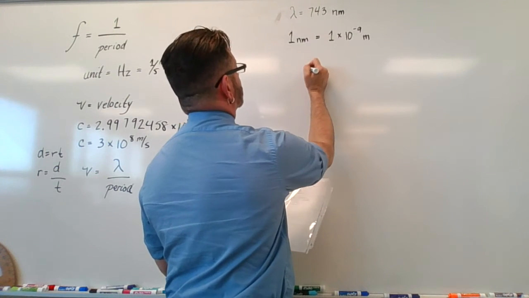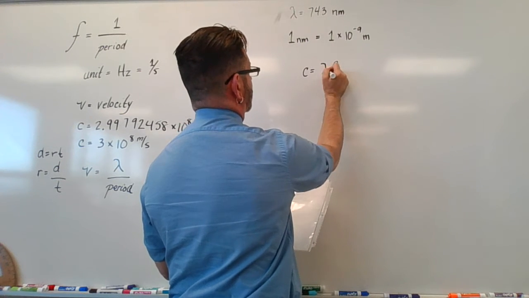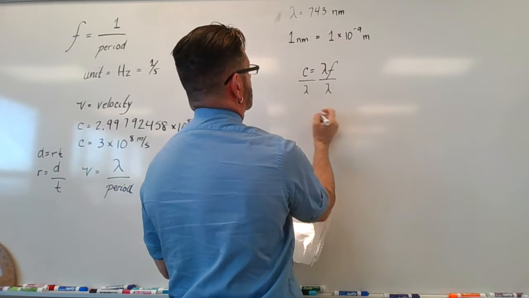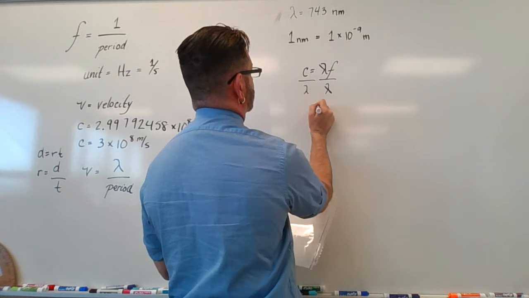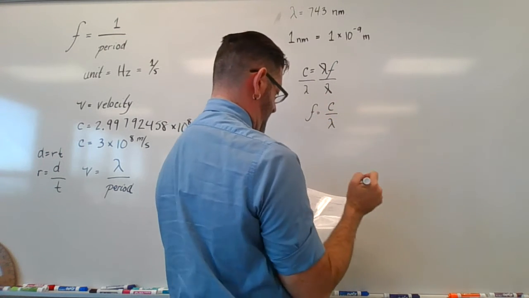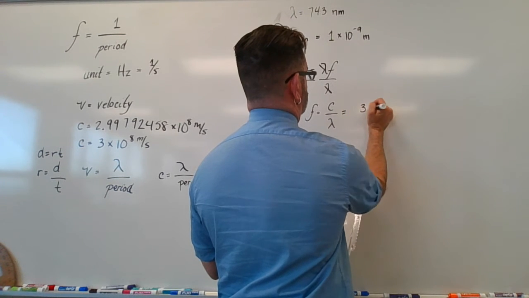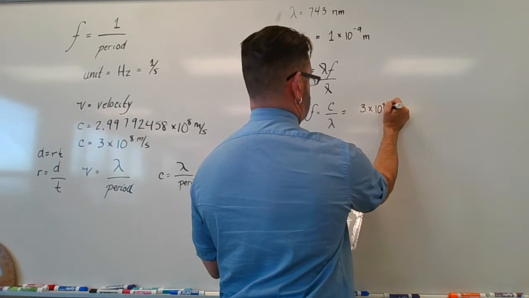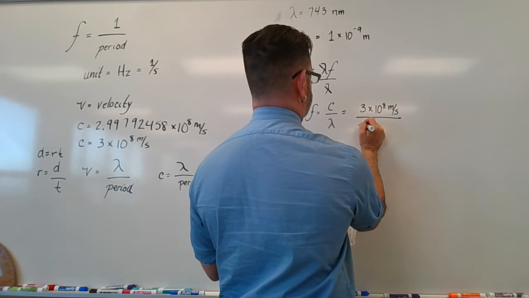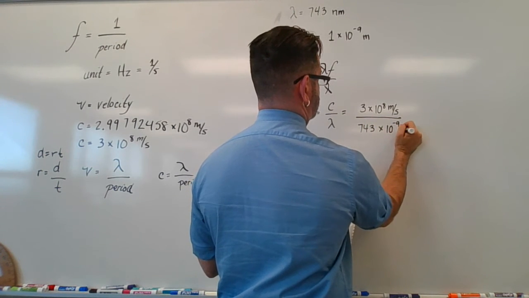So to find frequency, we're going to say c is equal to lambda f. We divide both sides by lambda. The lambdas on this side cancel, and we get frequency is equal to c over lambda. So we just calculate then and say 3 times 10 to the 8th meters per second divided by 743 times 10 to the negative 9th meters.